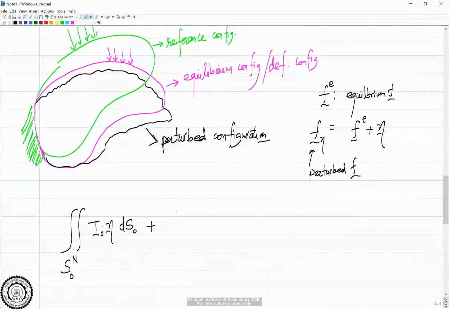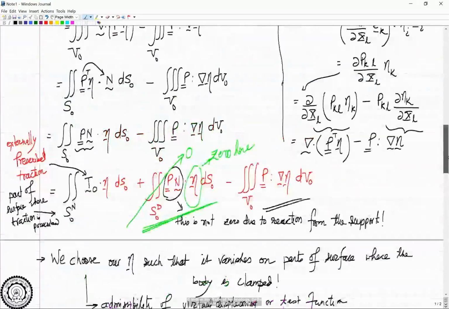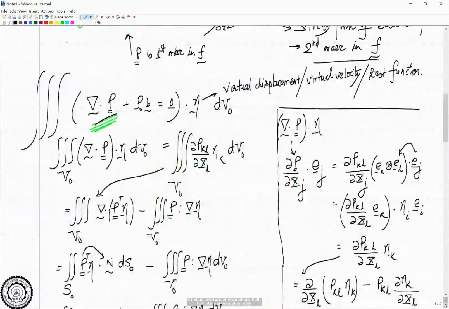And you remember there is a body force term also, so that is an integration over the entire volume of rho naught b dot with eta dv naught. And then you have this term over here with a negative sign. When you substitute here, it comes with a negative sign, but you bring it to the other side.